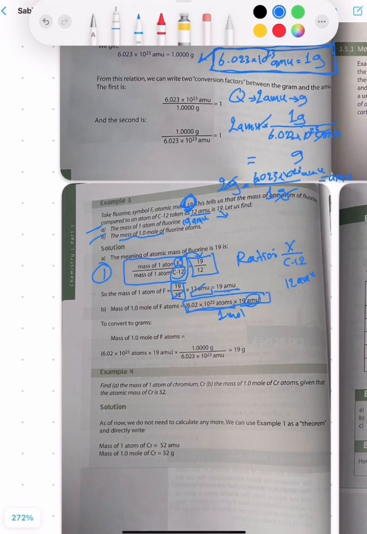Then you change this into grams. What units do you have? You have AMU. How do you change AMU into grams? Use the relationship between them. So 1 gram is equal to 6.023 times 10 to the power 23 AMU.